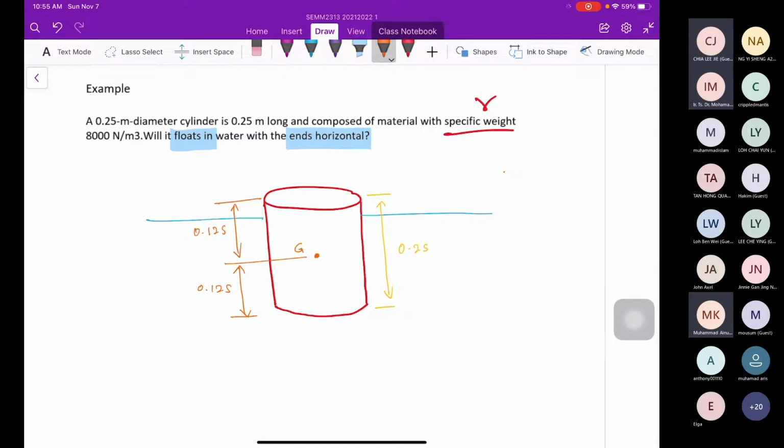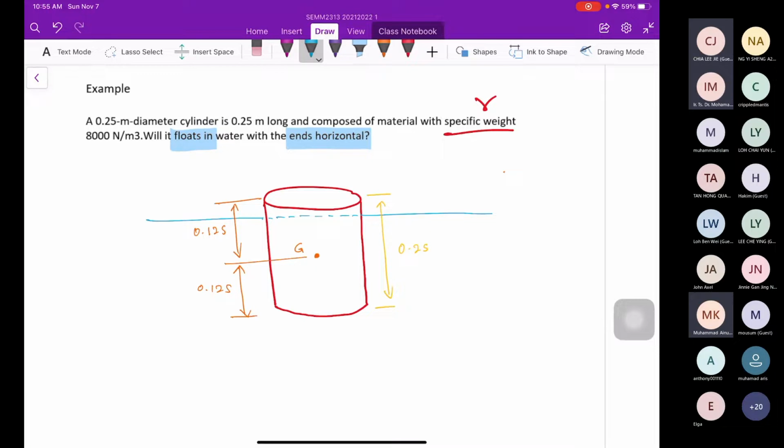However, how about the C? Any idea how to get the C? The C acts at the center of the displaced volume. Where is the displaced volume? This is the displaced volume. Now, is the C below the G or above the G?